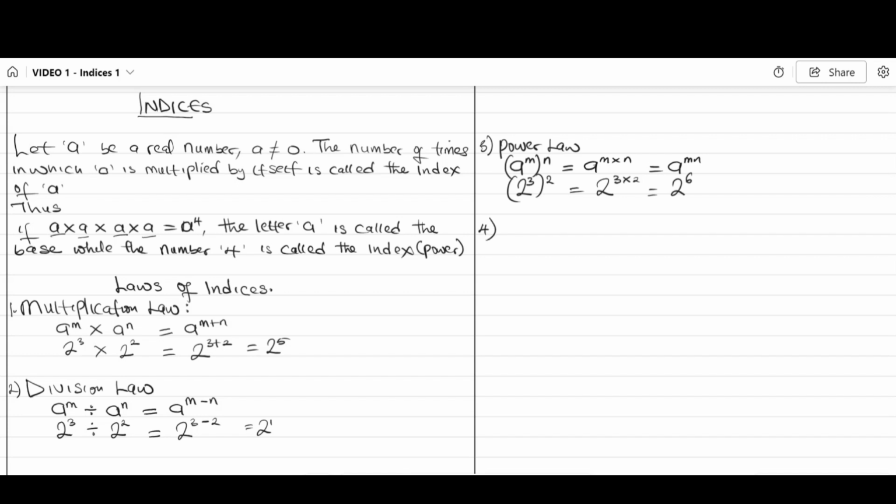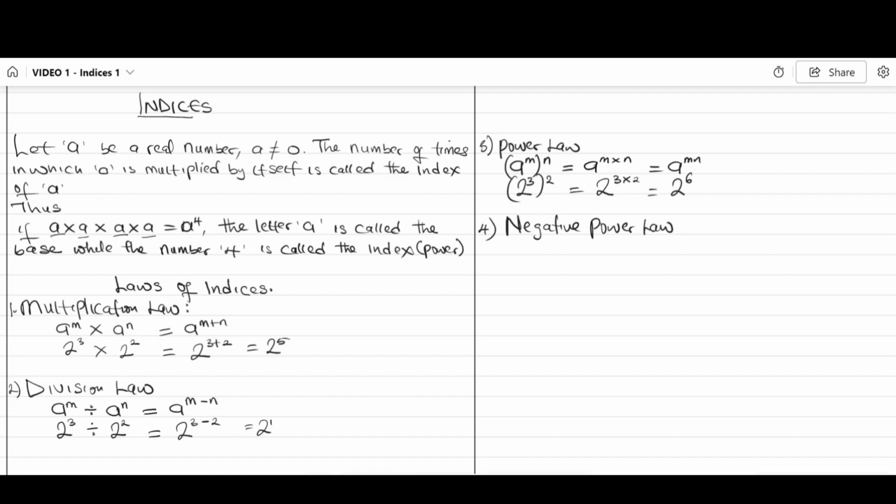The fourth law we have is the negative power law. The law states that when a base is raised to a negative power, it is equivalent to the reciprocal of the base raised to the corresponding positive power.